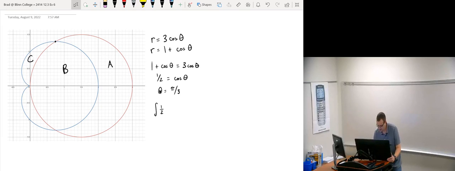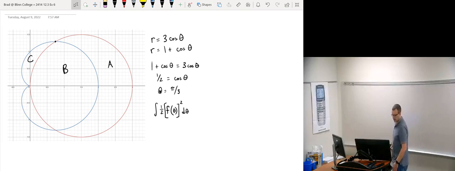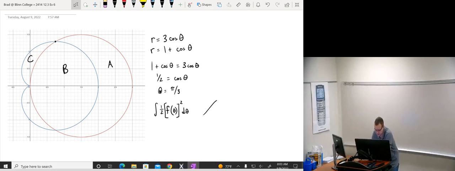And remember, we're trying to find the area inside a polar curve. It was 1/2 times the radius, or the function of theta squared, d theta, from whatever starting angle to whatever ending angle.